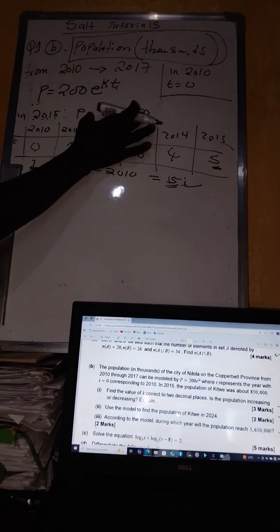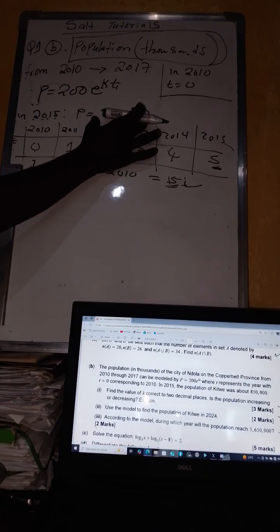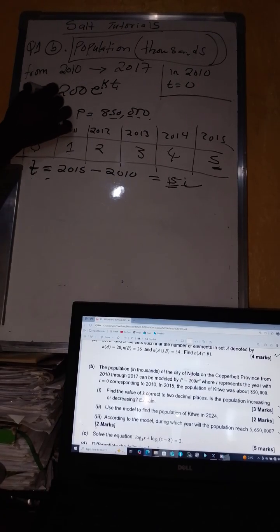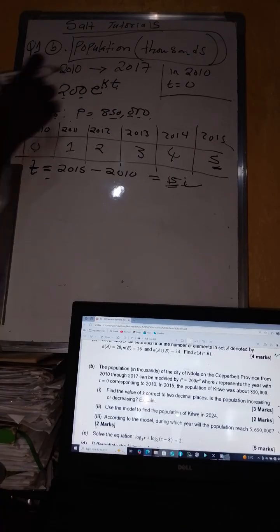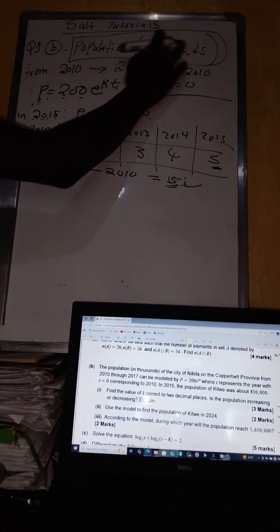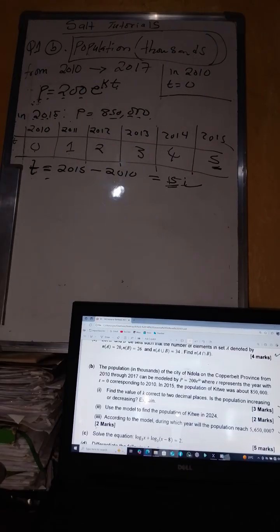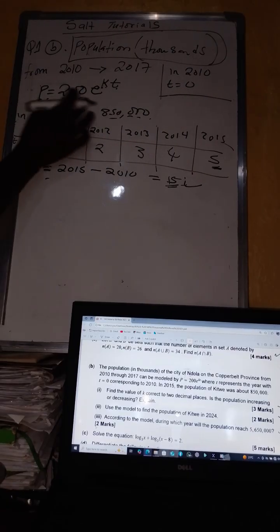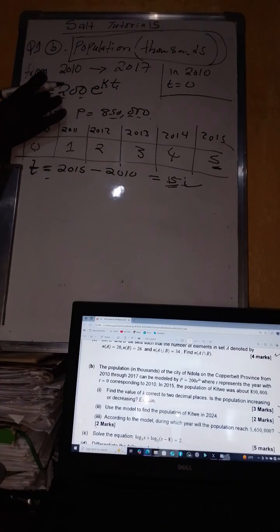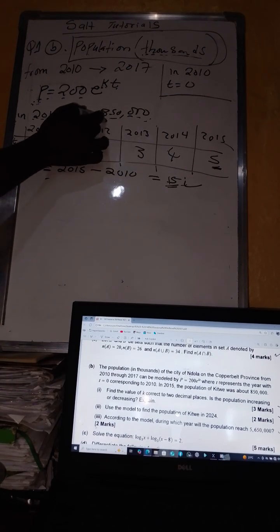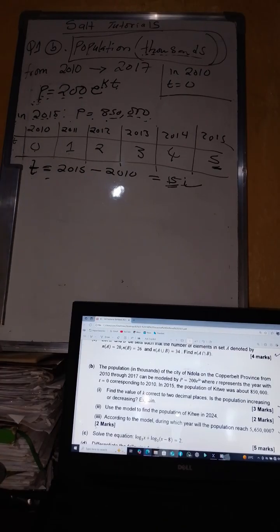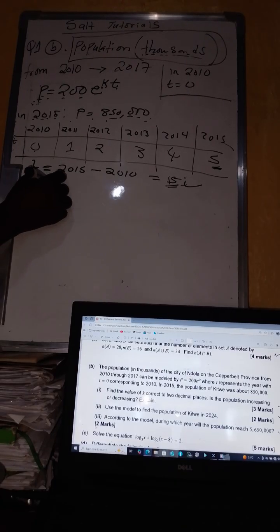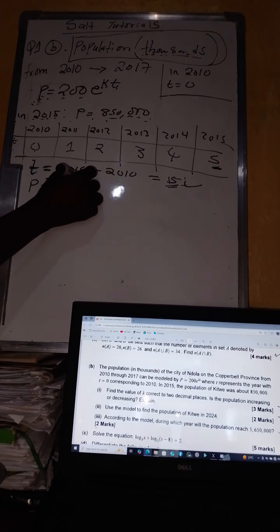If the statement in 1,000 was not indicated, then the p value would take the whole 850,000. But since there is this statement in 1,000, we divide the p by 1,000 for it to enter the model. The model is p equals 200 multiplied by e power kt.